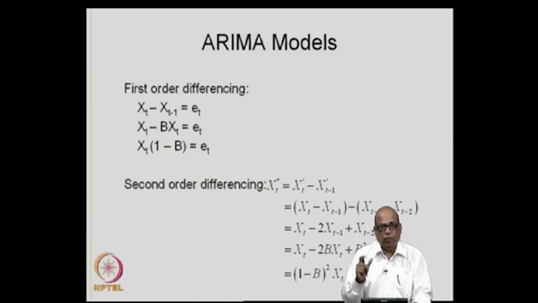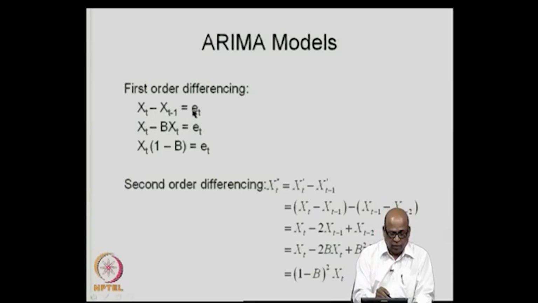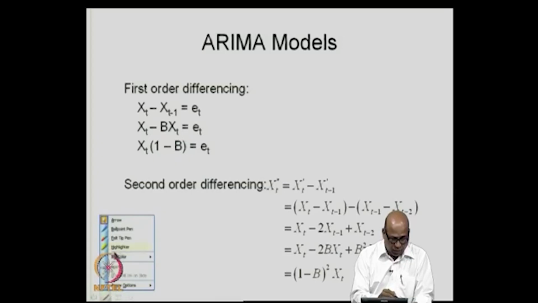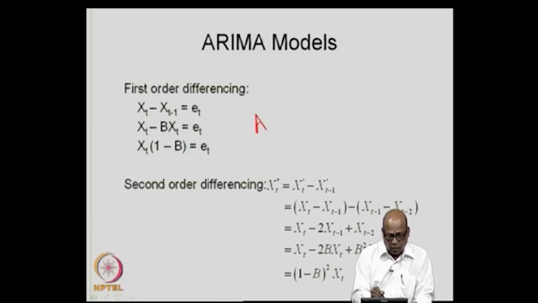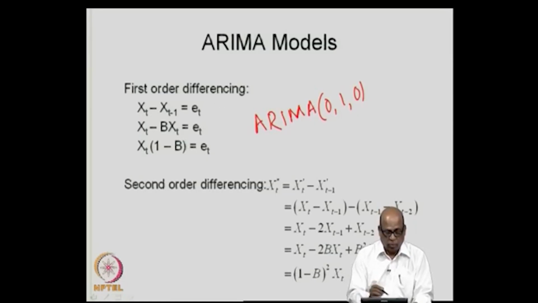So, you are only doing the differencing on the series. For clarity let me write it down. This is nothing but ARIMA p d q, where p is 0, you do not have any AR terms, d is 1, you are doing the first order differencing, and q is 0, there are no MA parameters. So, this is an ARIMA 0 1 0 model. I would have written x t is equal to x t minus 1 plus E t, that is all. So, you are doing the differencing here.